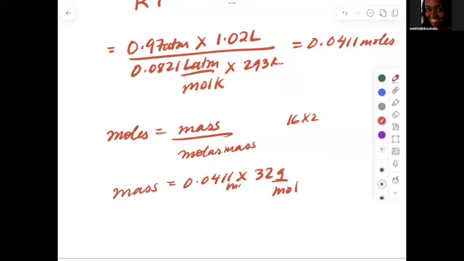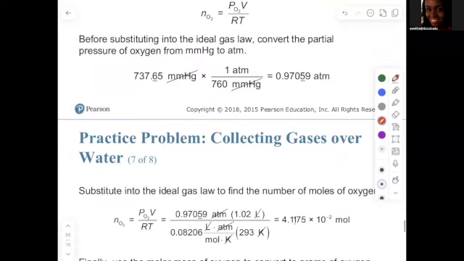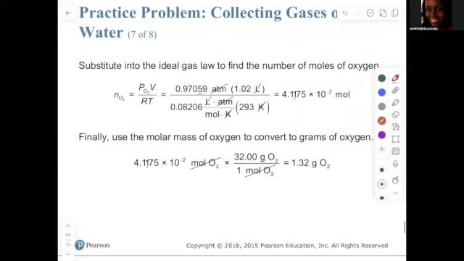Mole and mole cancel out, so our answer will be in grams. Times 32, I get 1.32 grams of oxygen. They converted it to ATM. 1.32 grams of oxygen. Great.